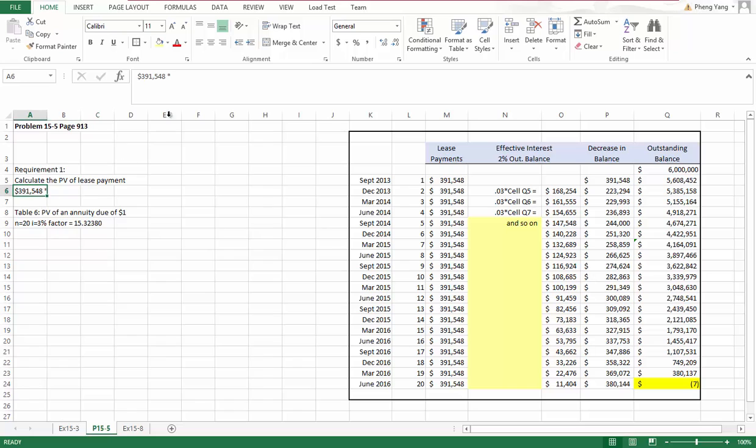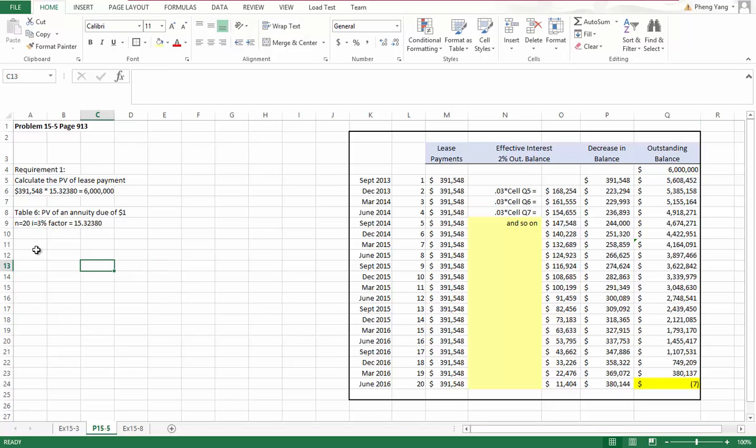We multiply that 391,548 times our factor 15.32380. We should come out to $6 million, and it wanted us to round to the nearest dollar. So it would be $6 million, which is what we have here for our outstanding balance of $6 million.